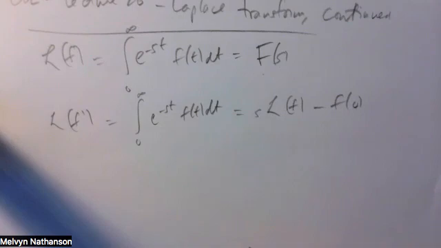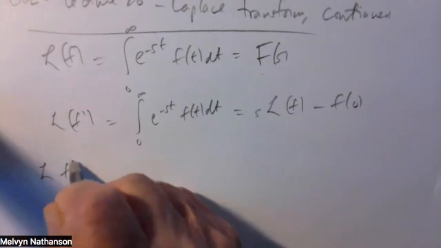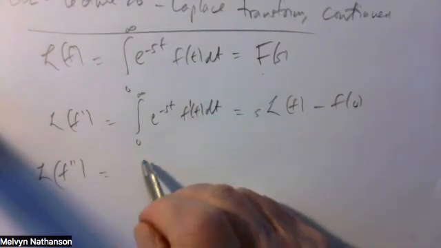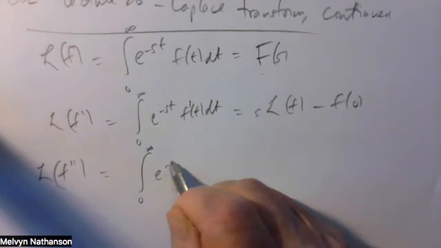And if we iterate this to calculate the Laplace transform of the second derivative of f, we get that the Laplace transform of the second derivative of f, there should be an f prime there, is equal to, well, the definition, of course, is this.